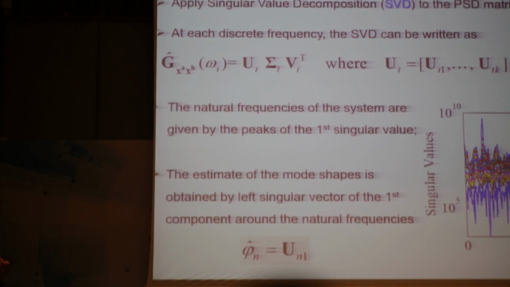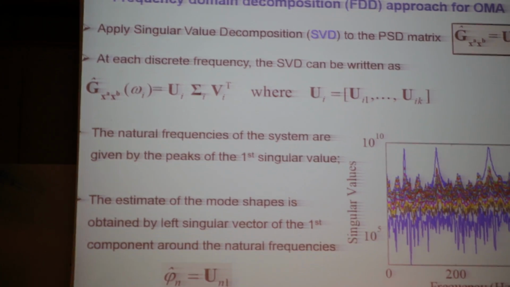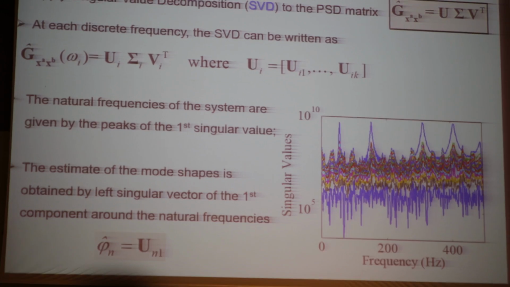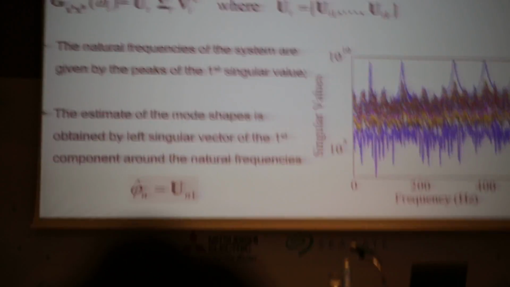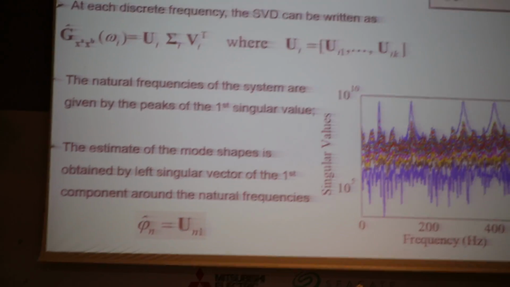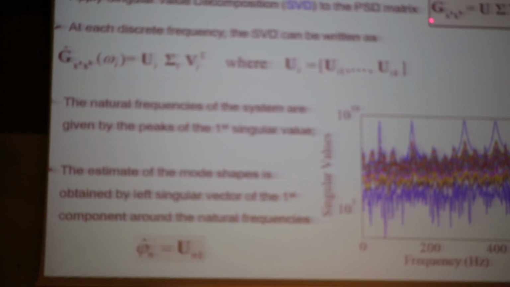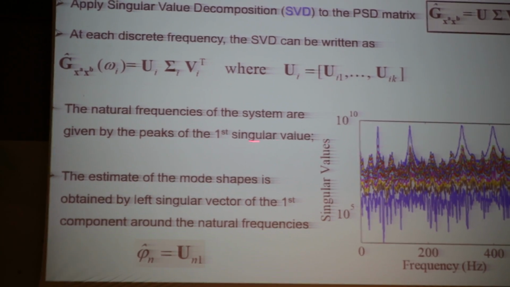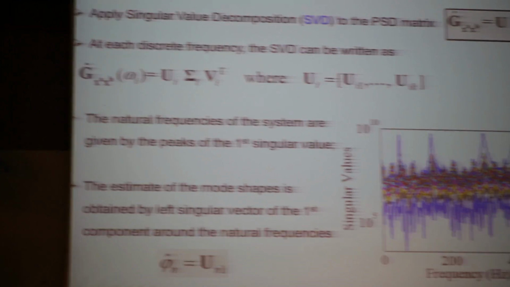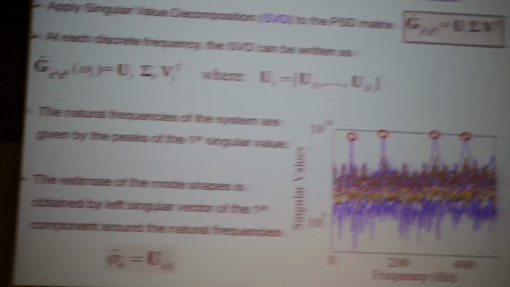So after having this power spectral density matrix, we can apply what is called the frequency domain decomposition. It's essentially application of the singular value decomposition to this matrix, and we can retrieve mode shapes and natural frequencies.